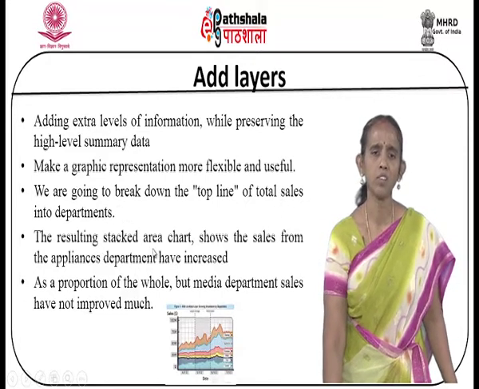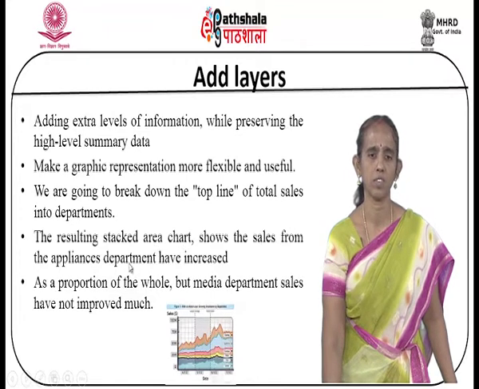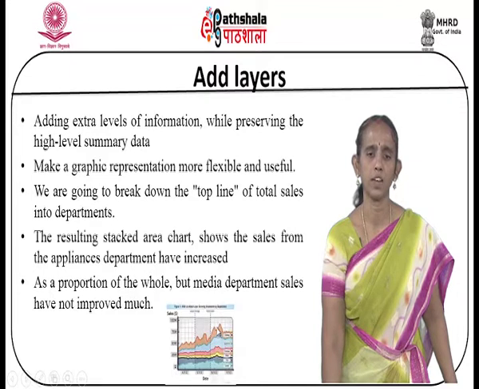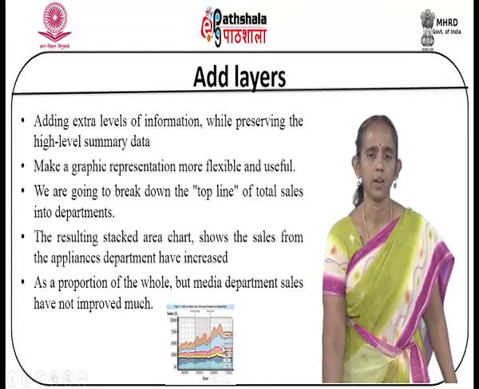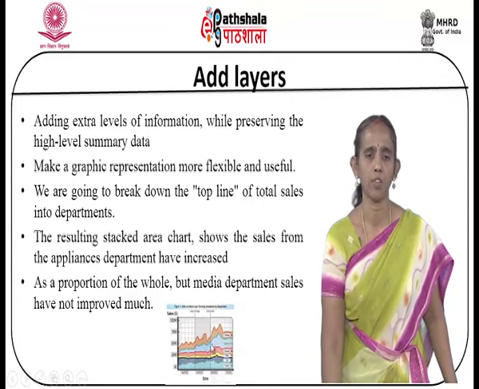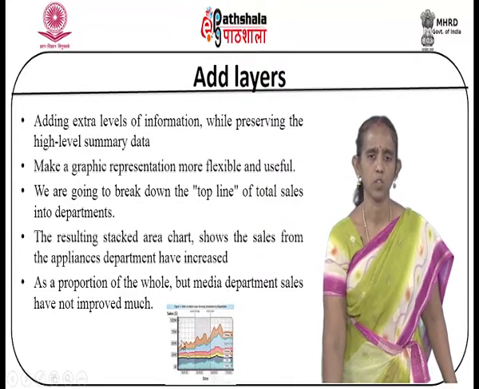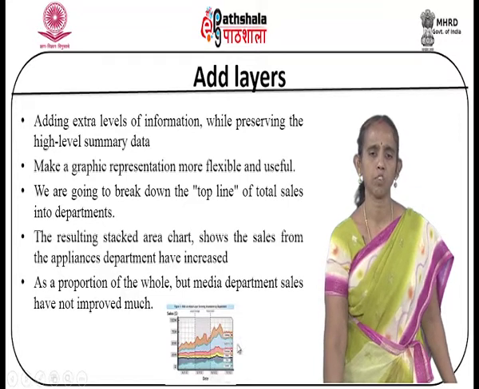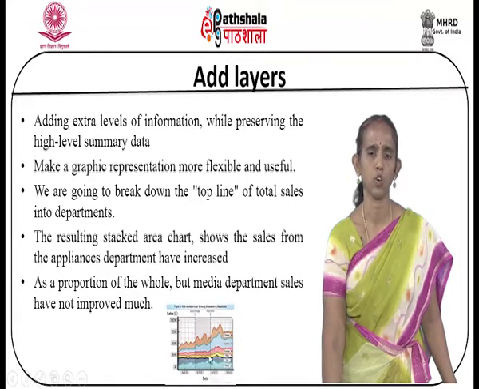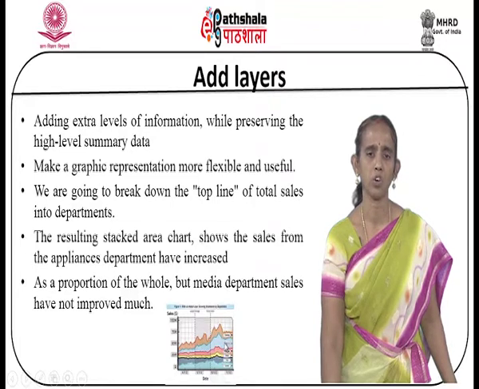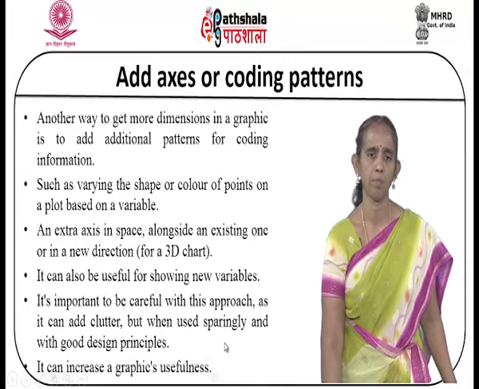The resulting stacked area chart shows the sales from the appliances department, and we can see that the sales have increased in the appliances department as a proportion of the whole, but media department sales have not improved much. So as a whole, it can be understood that media department sales have not improved as such. Thereby, by adding different types of layers, it is possible for us to compare across different departments.